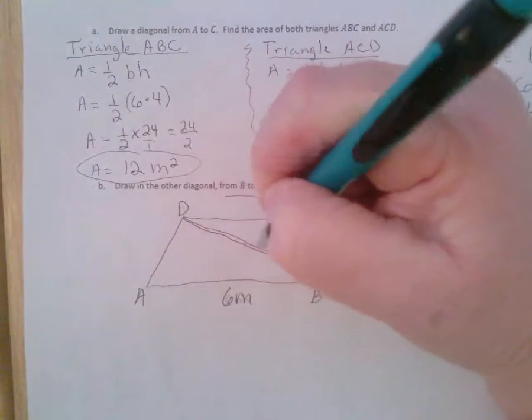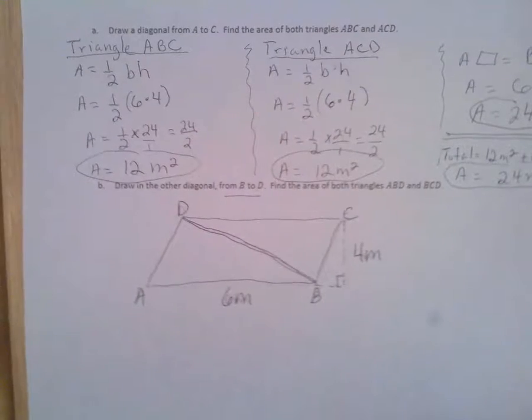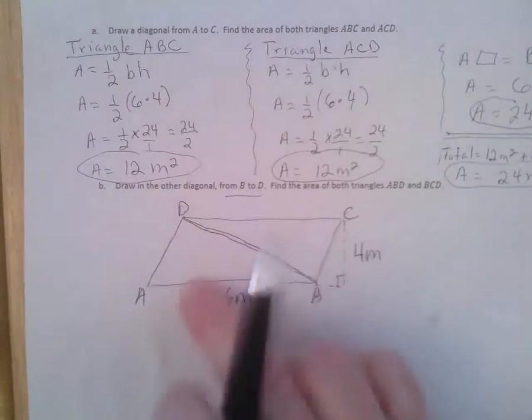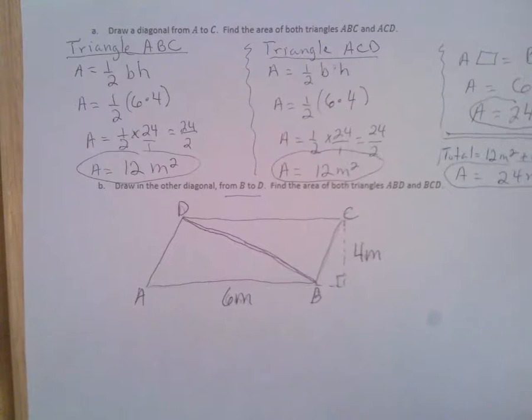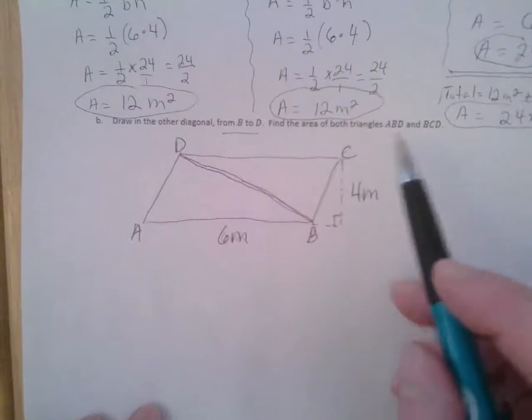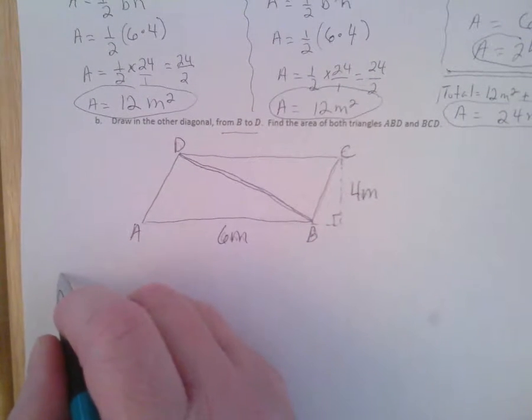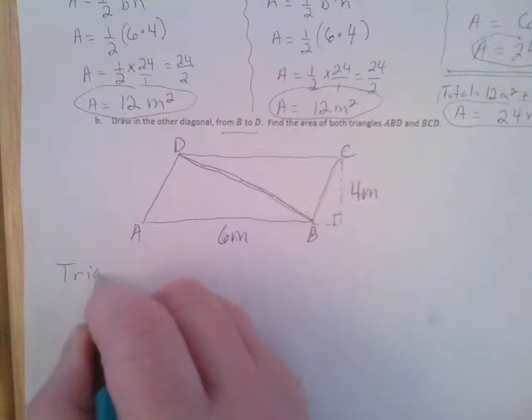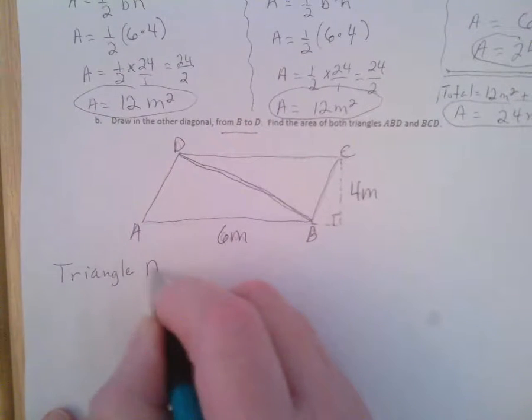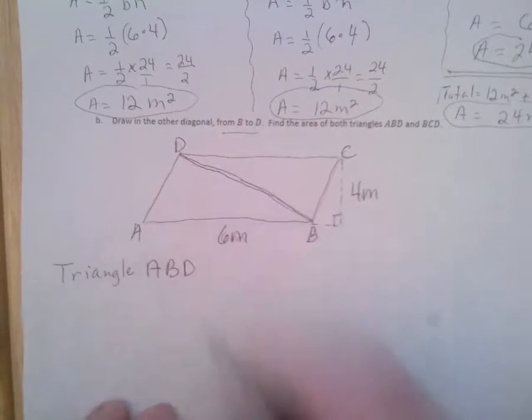Okay, so our diagonal cuts our parallelogram again into two congruent triangles. So we're going to do the exact same thing. Now we're going to find the area for triangle ABD.